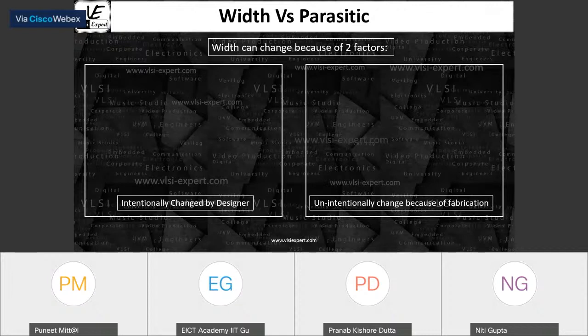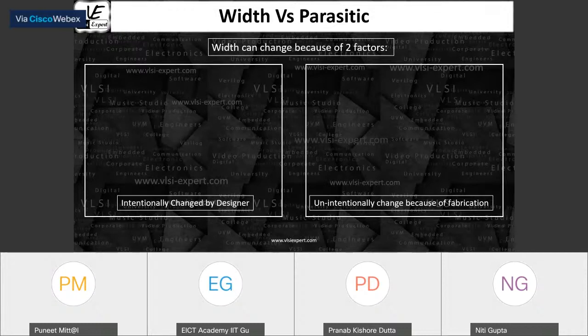So if you increase the width, it is going to reduce the resistance, but it is also going to increase the capacitance. That phenomenon is always considered when we are talking about width versus parasitic elements.